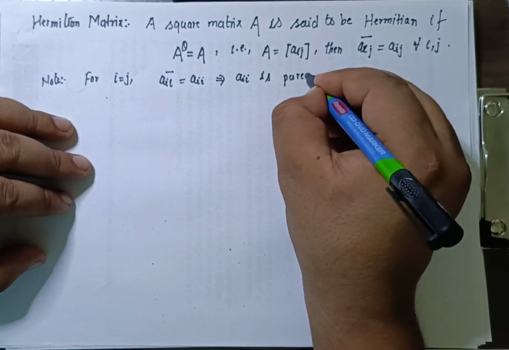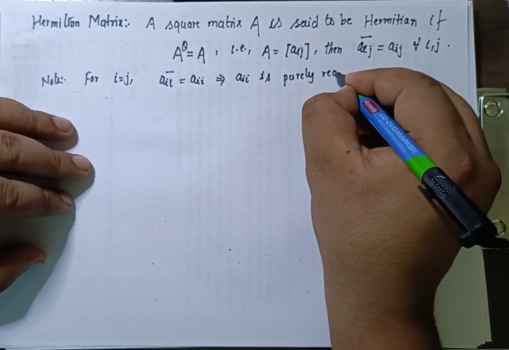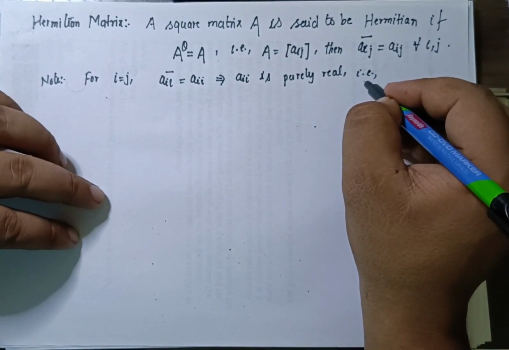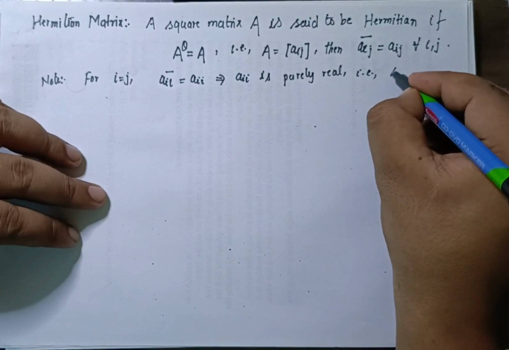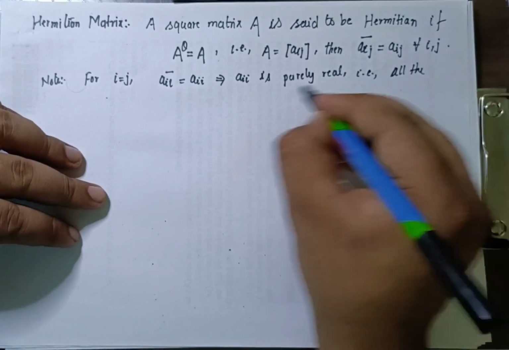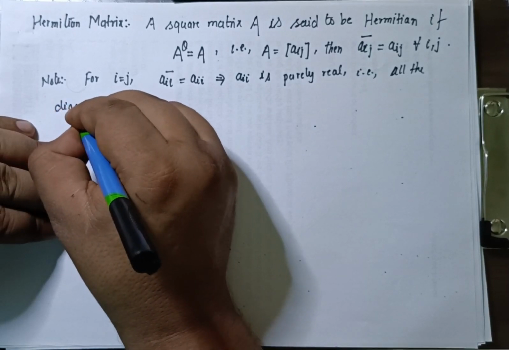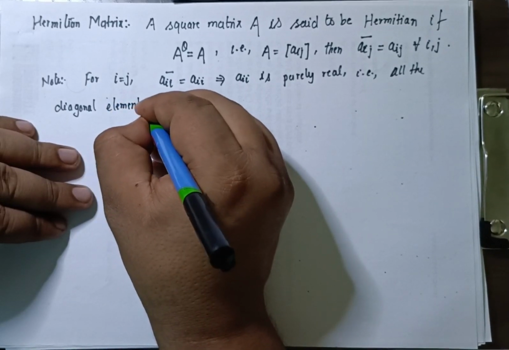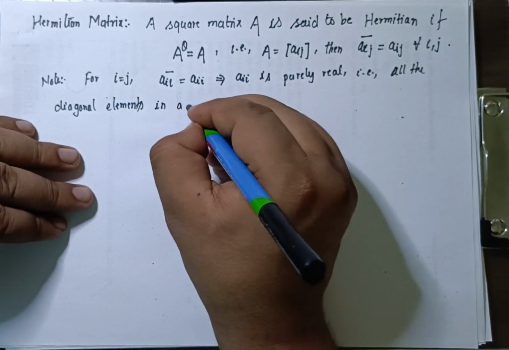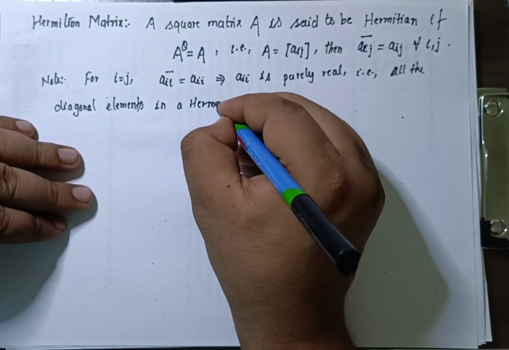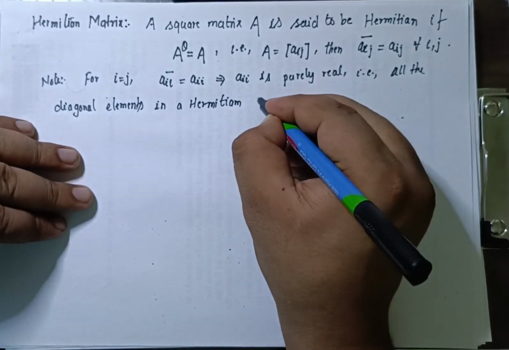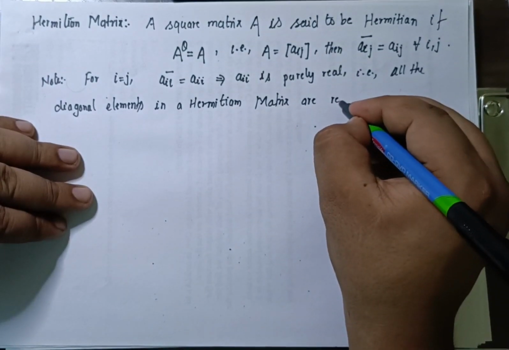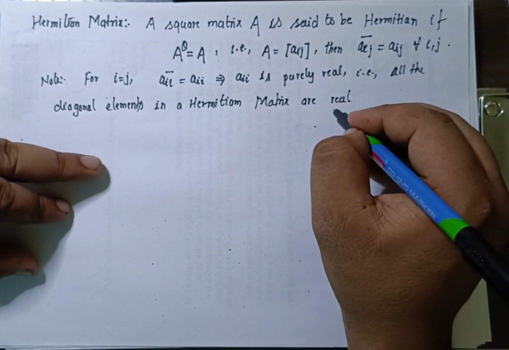That is, all the diagonal elements of a Hermitian matrix are purely real. All the diagonal elements in a Hermitian matrix are real.